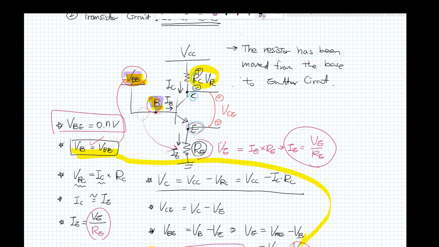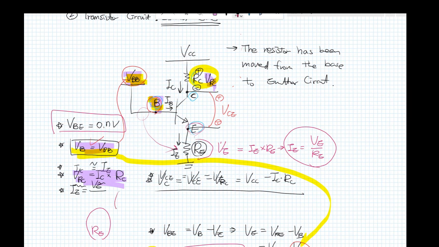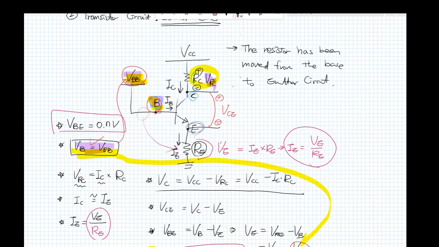So that is the same thing. And then V sub R sub C is equal to I sub C multiplied by R sub C. For this case, as I said before, I sub B is very small, just right here.